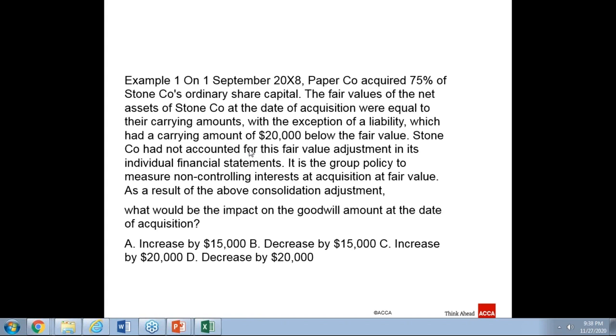Answer is D. What C? Depreciation of the plant, where is the plant in this question?